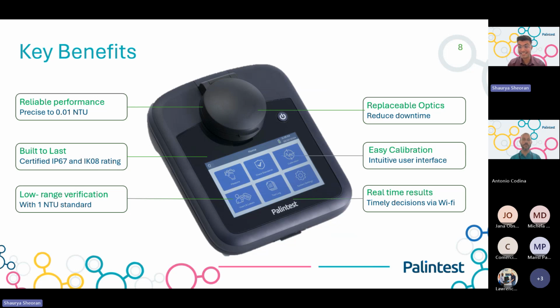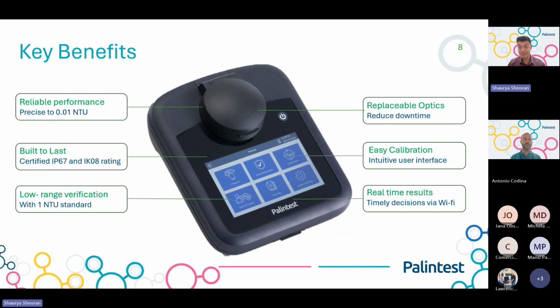Antonio will come to later how the check standard traceability also works. We have the IP67 and IK08 rating, so it can survive the harshest of field conditions. And the focus on the low range makes sure that in crucial applications, you have continuity of testing and you can continue to rely on the results.